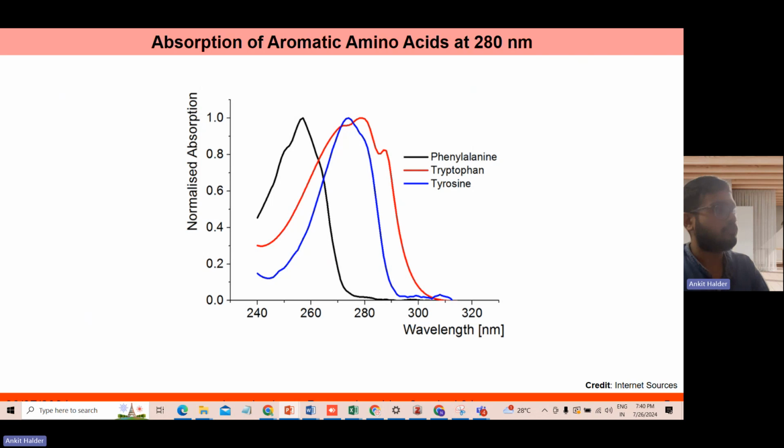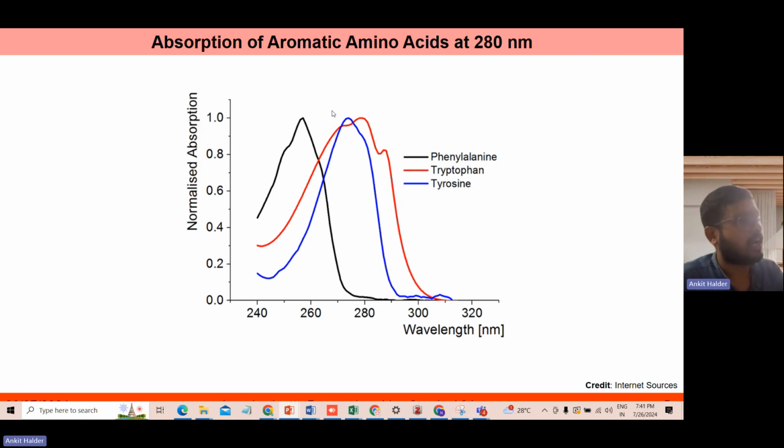Understood it correctly, right? So why we started with the Beer-Lambert law and absorbance is that we must first understand what we mean by absorbance. Second, we are stating the fact that absorbance is shown by the aromatic amino acids at 280 nanometers, but we should understand the reason behind it.